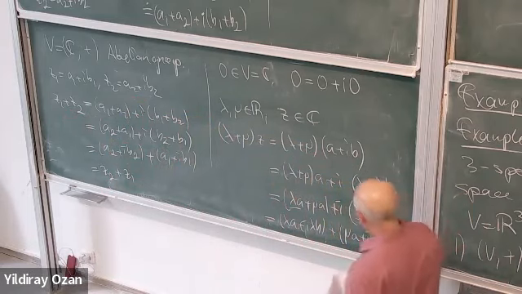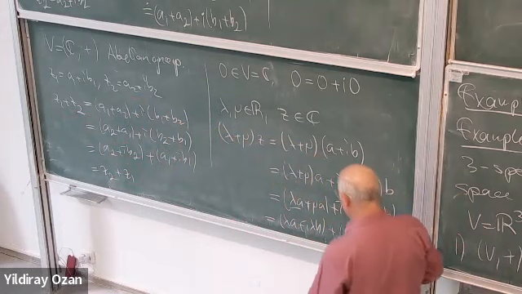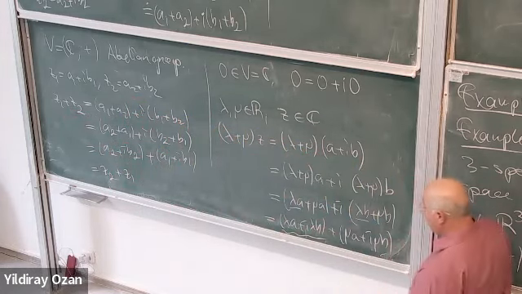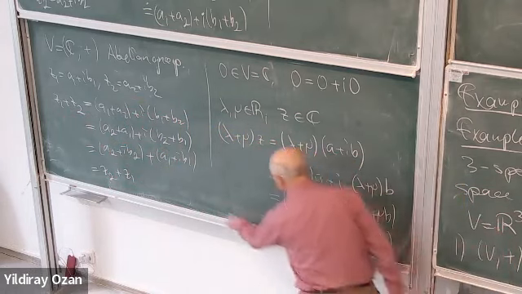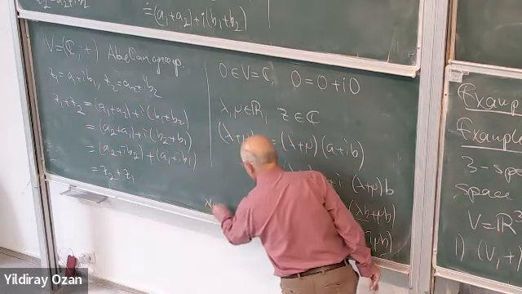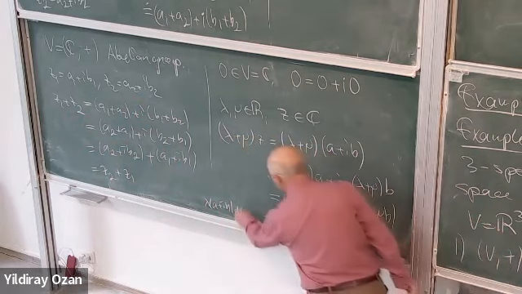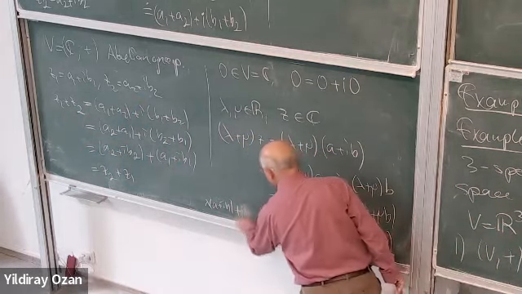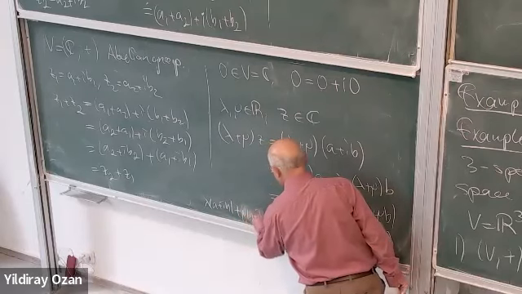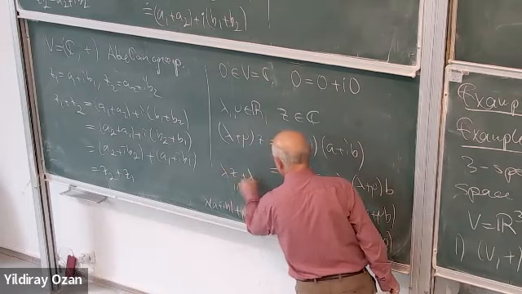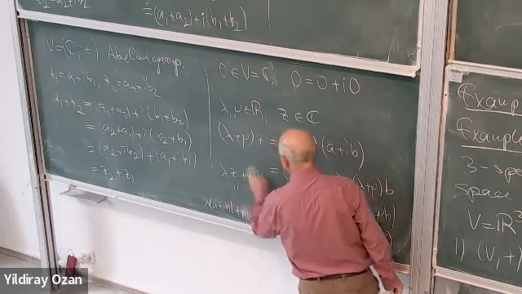Okay, and what is this gadget? Let me just write over here. This thing is just lambda times (a plus ib) plus mu times (a plus ib), and this is equal to lambda z plus mu z.